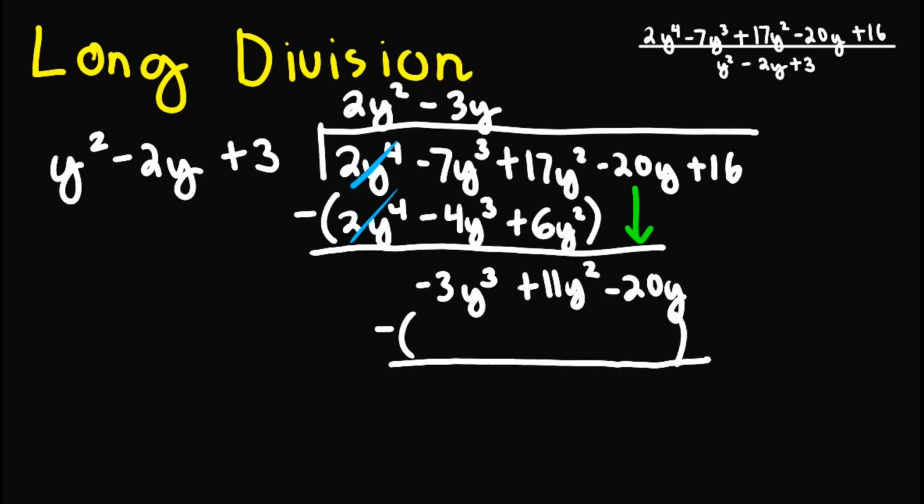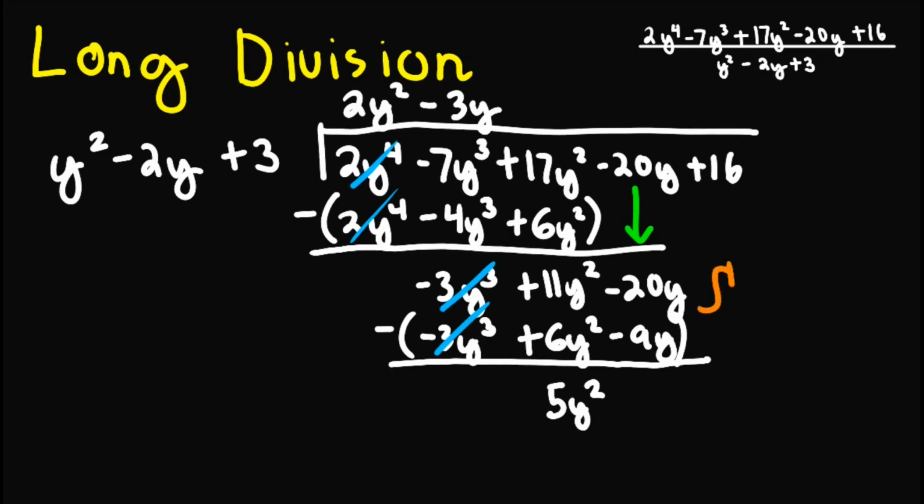we'll obtain negative 3y times y squared is negative 3y cubed. Negative 3y times negative 2y will give us plus 6y squared, and negative 3y times 3y will give us negative 9y. Subtracting, this one would cancel out. 11y squared minus 6y squared will give us 5y squared, and negative 20y minus negative 9y.